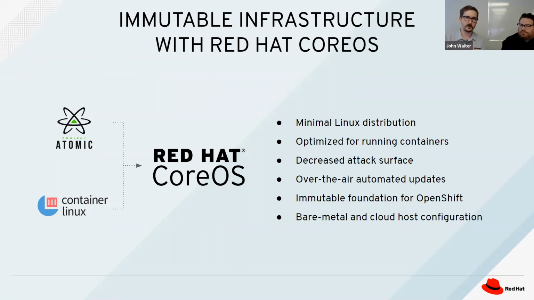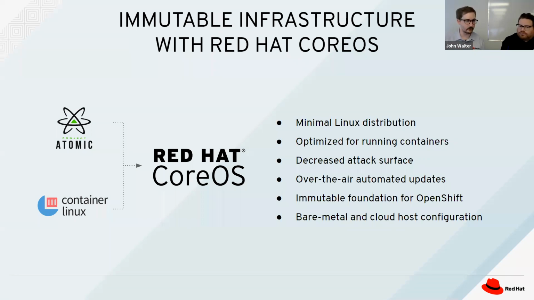If you're familiar with Atomic Host, we saw it as sort of the future, as far as a minimal, lightweight OS that would be tough to penetrate. Obviously there's a decreased attack surface in that regard, but a lot of people didn't need the bloat of a full-blown RHEL install to run OpenShift on top of.